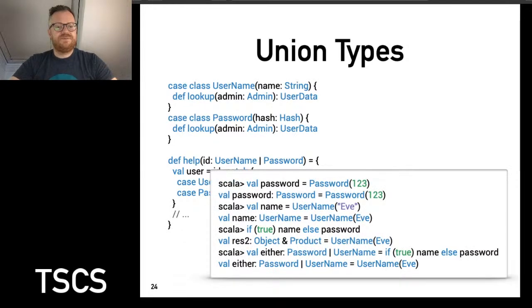So in this case, are they actually in here in my 2.13 console, I wonder. So let's say, oh, that's too much actually to type in, but let's walk through this a little bit. So let's say we have a password 123 and we have a username called Eve, and then if true, then we can, let's just do this.